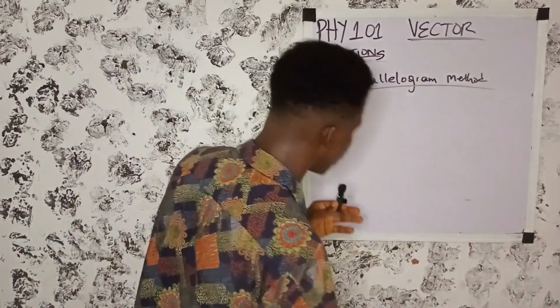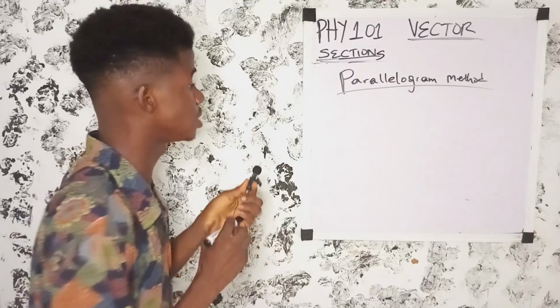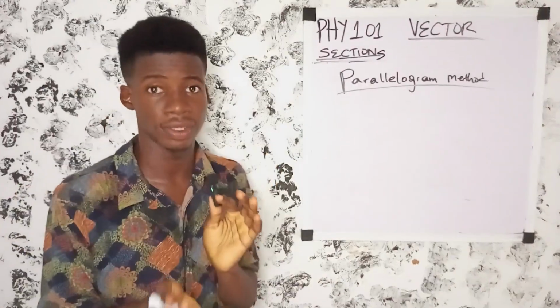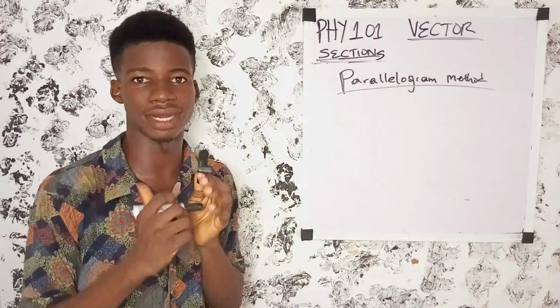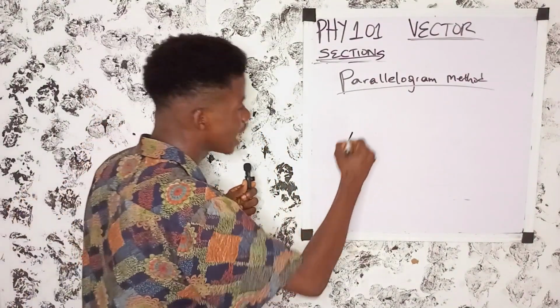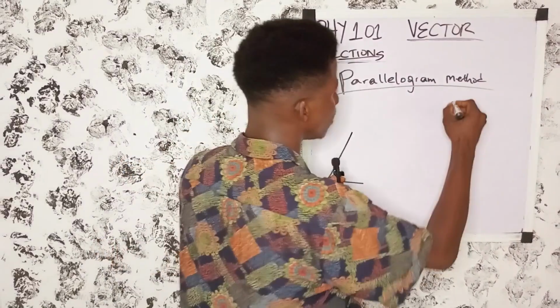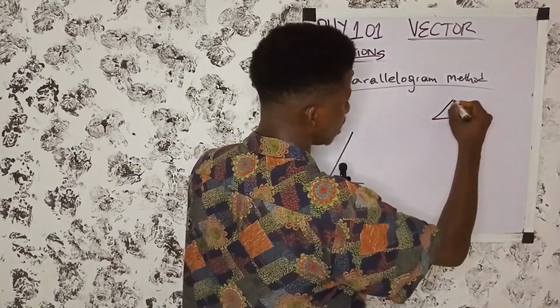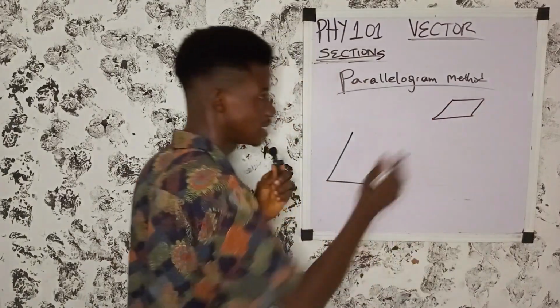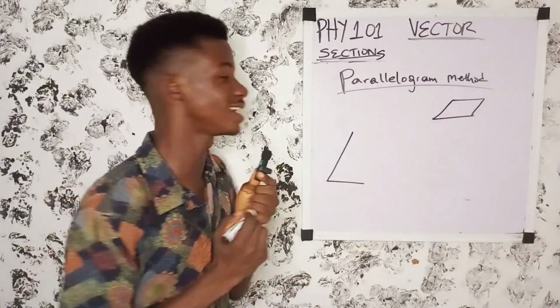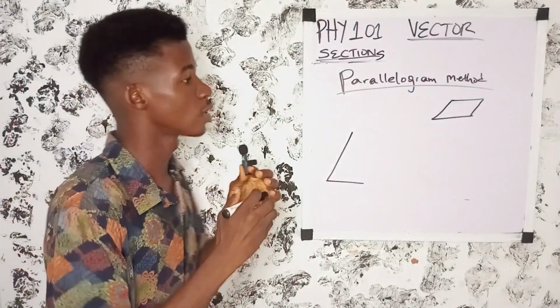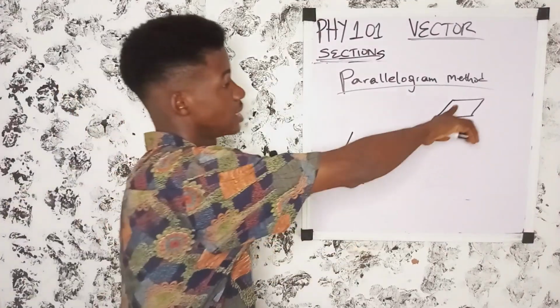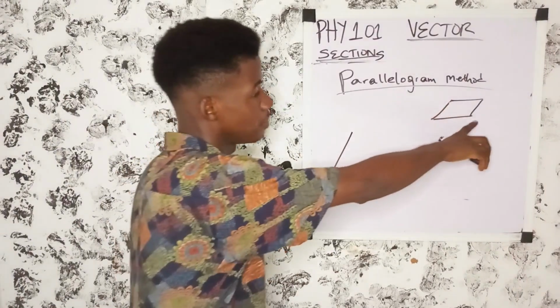The parallelogram law states that when two vectors are represented both in magnitude and direction by the sides of a parallelogram. Now remember, this is how a parallelogram looks. Don't mind the way I draw it.